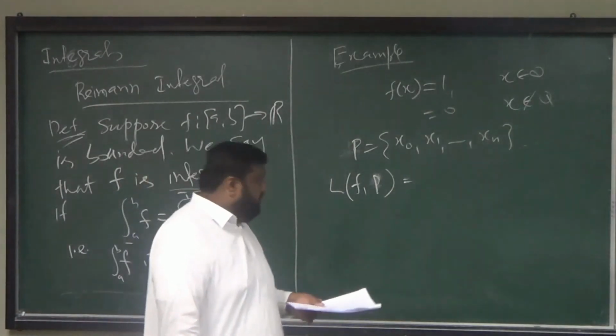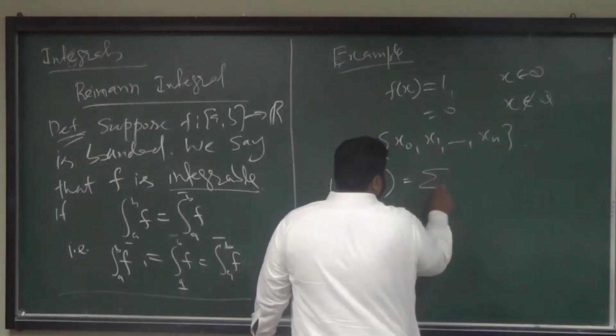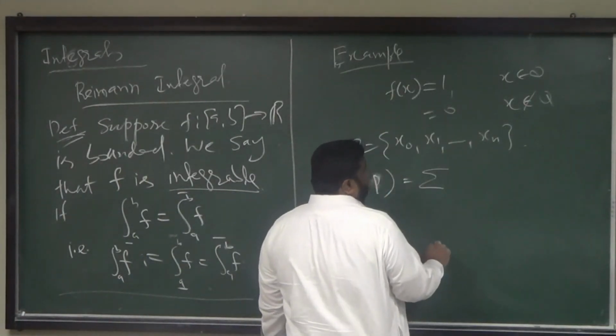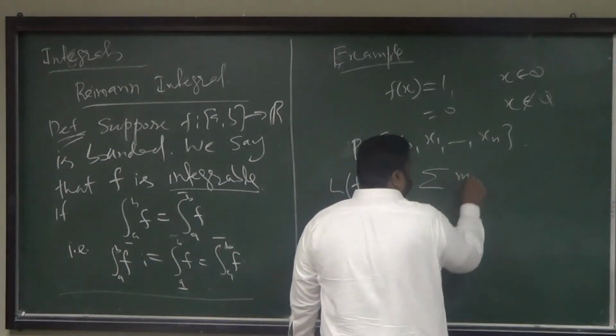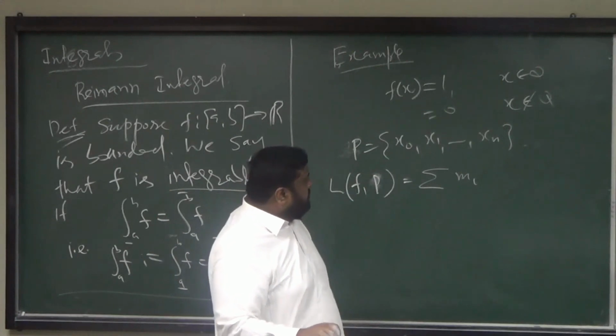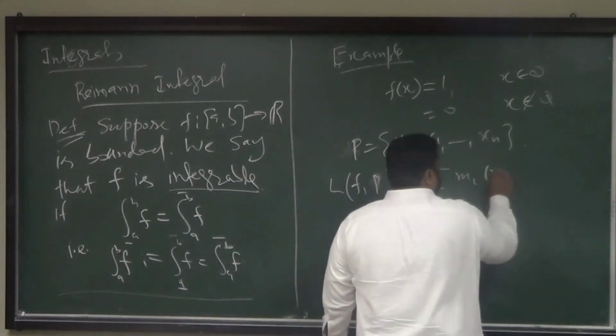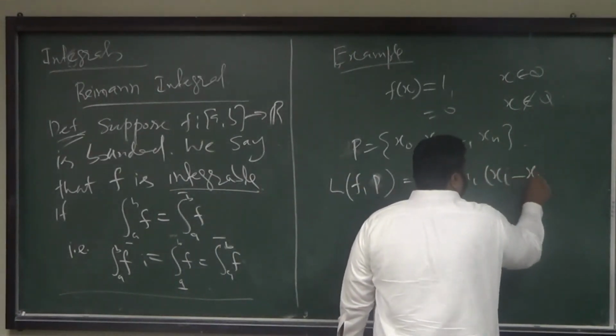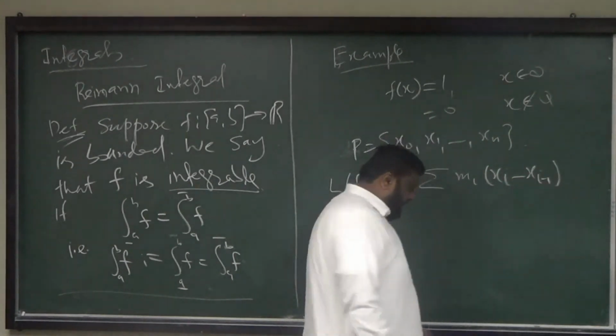Obviously it's going to be a summation. Sum of what? Sum of the infimum of f of x on each interval times xi minus xi minus 1, and so on.